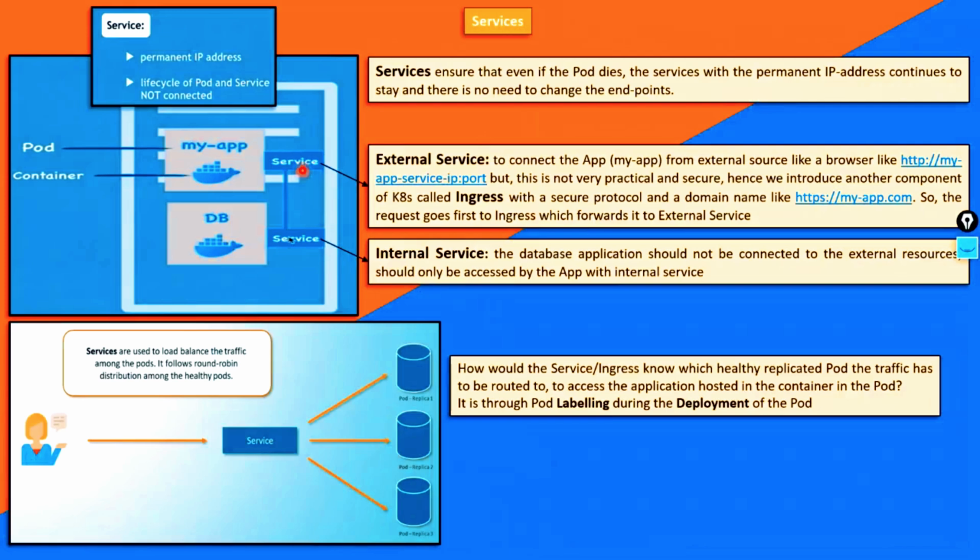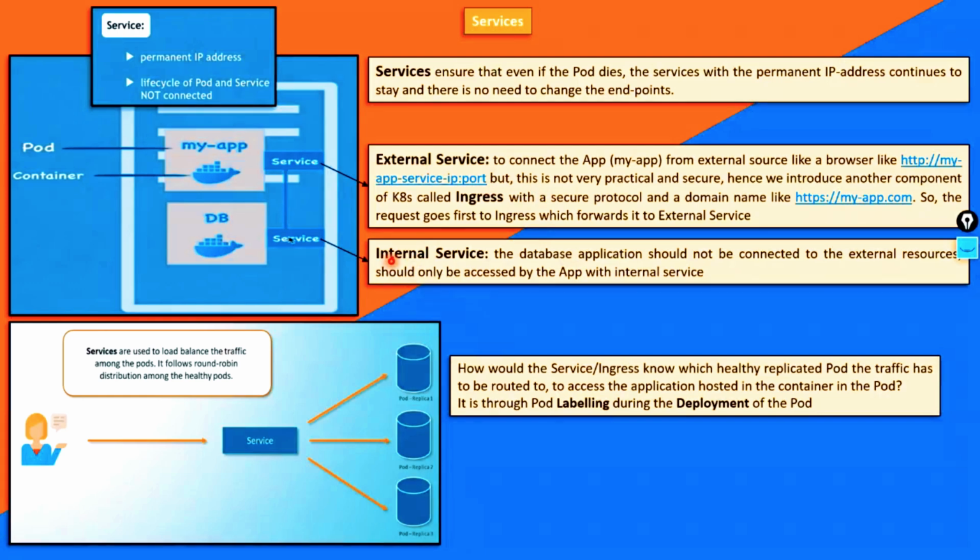A service is also a manifest file. So you attach a service to the deployment. You can say a deployment is followed or attached with a service, such that the pod will be given a label, and the service will use a selector to pick that particular pod using the label.